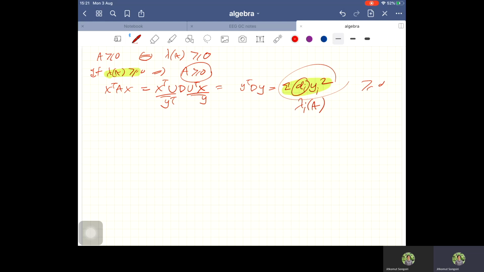What about the other direction? If A is positive semi-definite, why are the eigenvalues of A all non-negative?